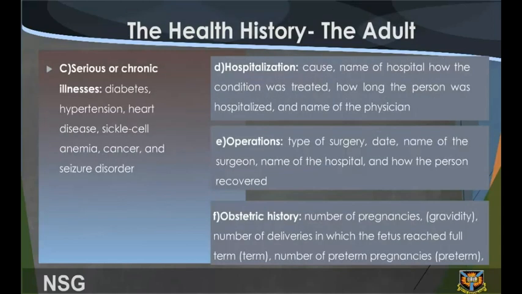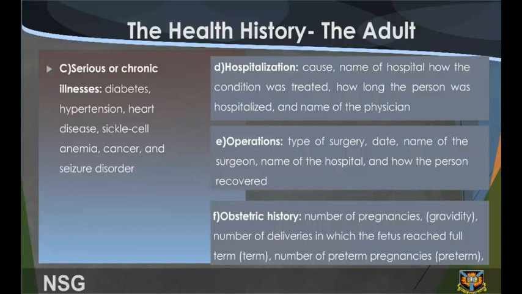C. Serious or chronic illnesses: diabetes, hypertension, heart disease, sickle cell anemia, cancer, and seizure disorder. D.